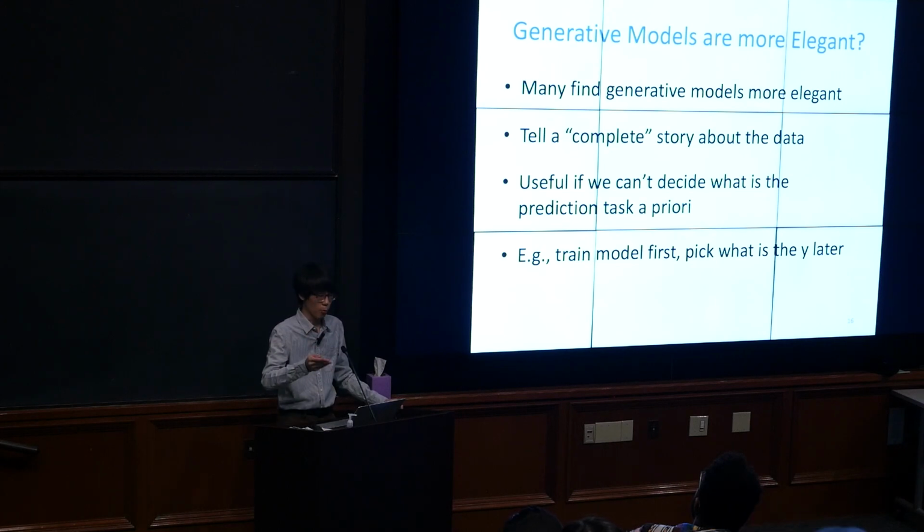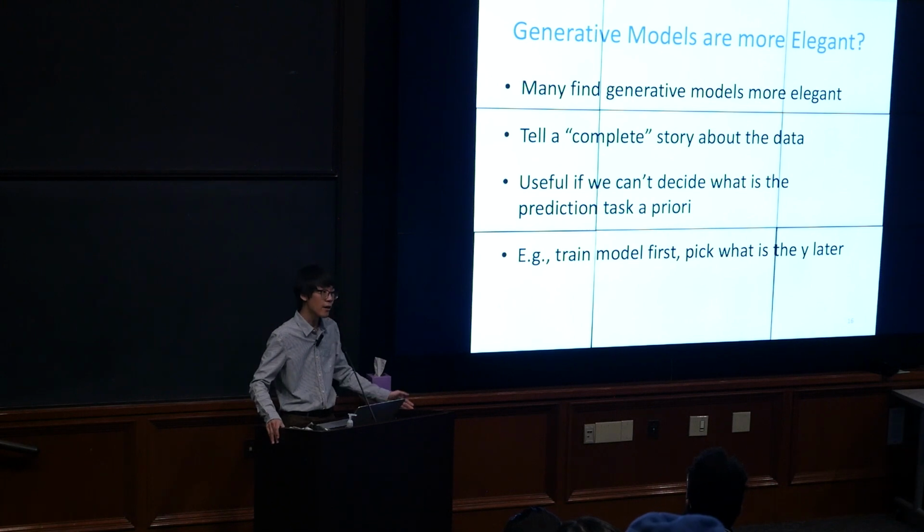So going back to the point that you made, I will mention that this is a fairly contentious point, which is that some consider generative models to be more elegant or more comprehensive, right? Because it tells the complete story about the data that you give it. You're not just trying to optimize performance on whatever task you're trying to do.